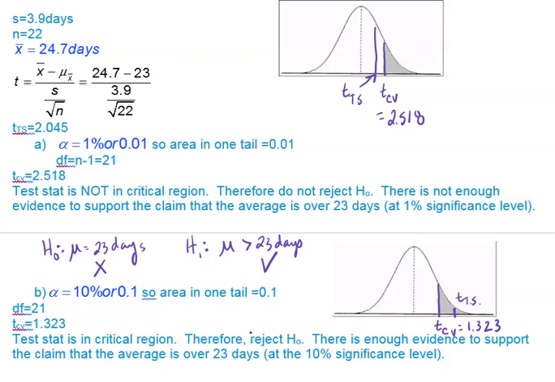But there's not enough evidence at the 1% significance level, says we can't be 99% sure. So if you want to be really, really certain, this isn't enough evidence. But if 90% is good enough, there is enough evidence.